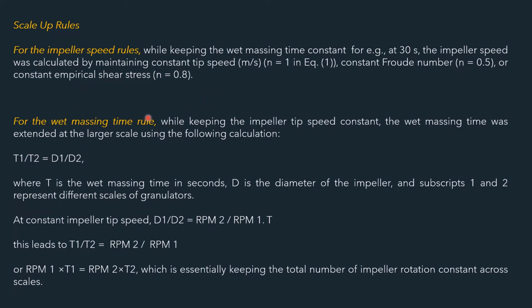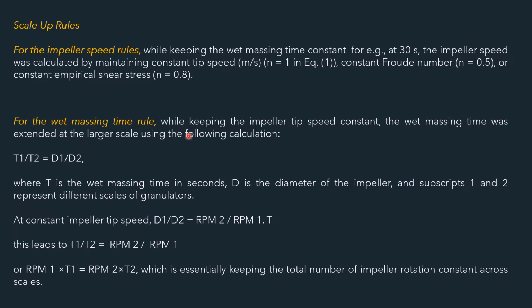For the other two rules, constant Froude number or constant shear stress, kneading time is not to be changed. But when you are going with the constant tip speed rule, meaning n equals 1 in the equation, then you have to change the kneading time.